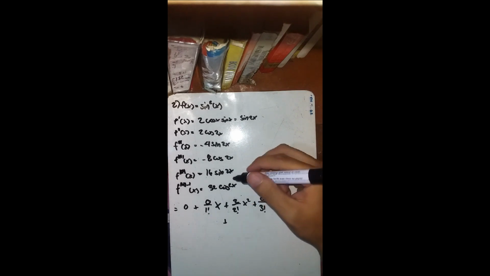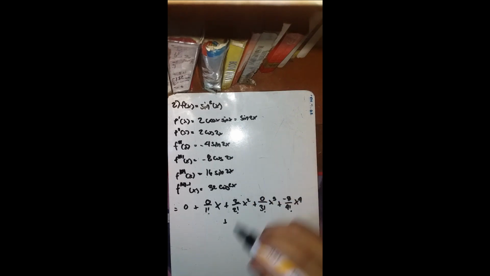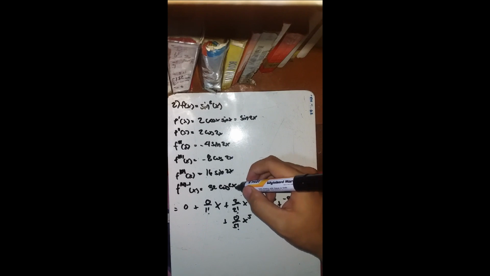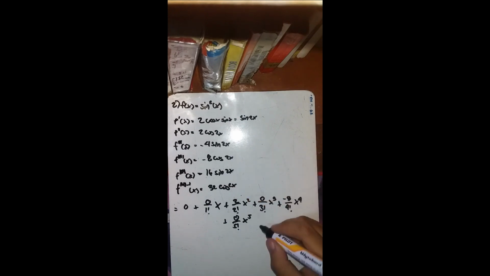Now plus sine, this becomes 0 over 5 factorial x to the 5. Here we have your cos, which is equal to 1, plus 32 over 6 factorial x to the 6.